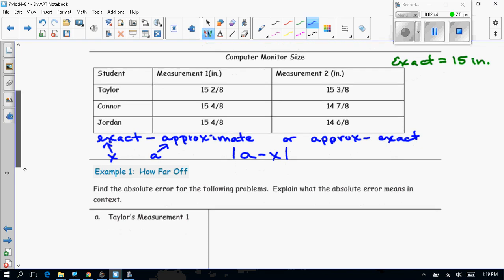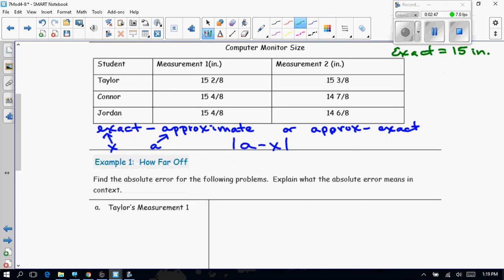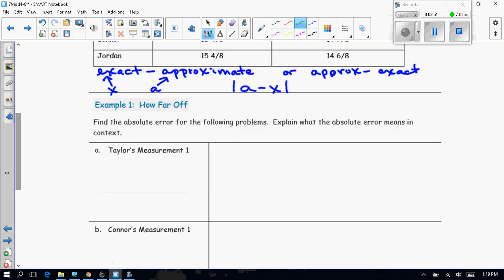Taylor's measurement 1 was 15 2/8, because those little measurements are all in eighths. I'm going to take her answer of 15 2/8 and subtract the exact, which we know was 15. I get the absolute value of 2/8, which is also known as 1/4.